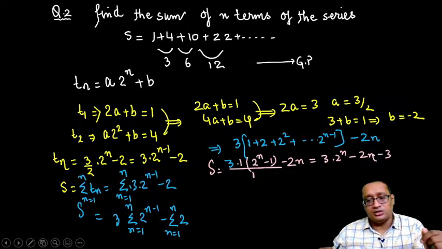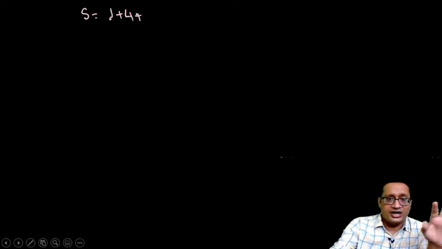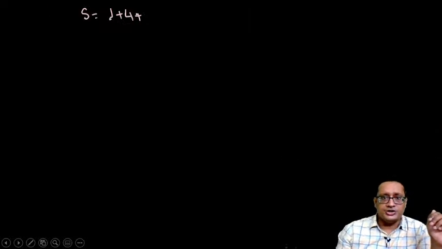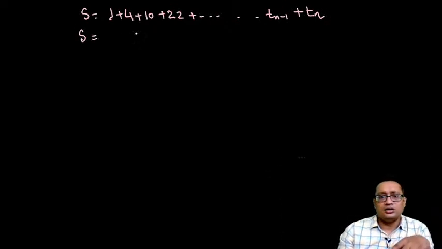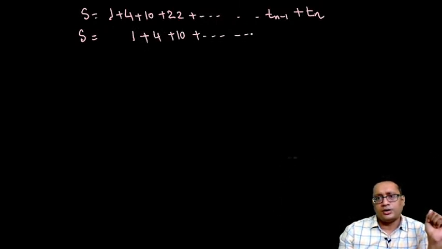First of all, this I got from this method only. See here, 1 plus 4 plus, second method, 10 plus 22. Again I am writing the nth term, Tn minus 1 plus Tn. So I am writing S just below it here. I have shifted 1 term to the right, 1, 4, 10, dotted, dotted.